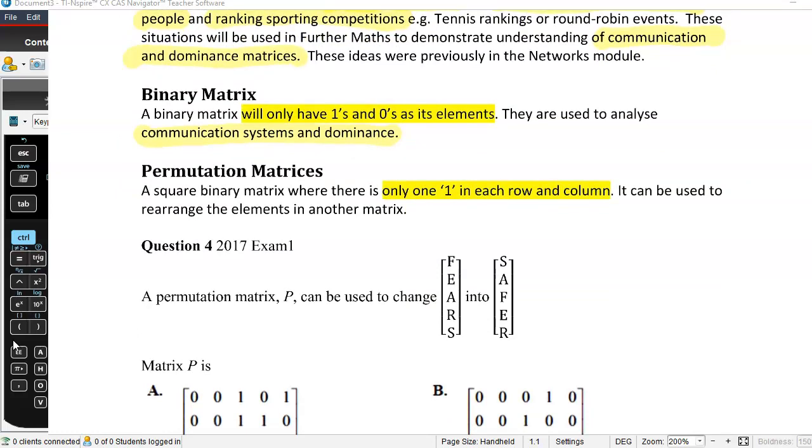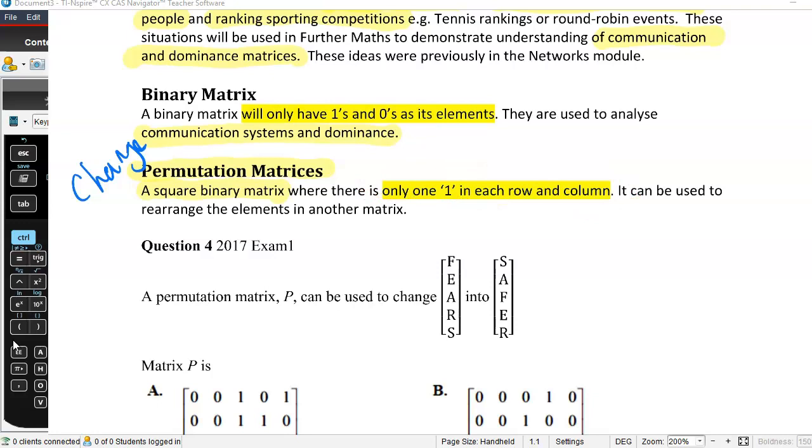The first example that we're looking at is the permutation matrix. Now, permutation is change, so keep that in mind. A permutation matrix is a square binary matrix where there's only one 1 in each row and column.